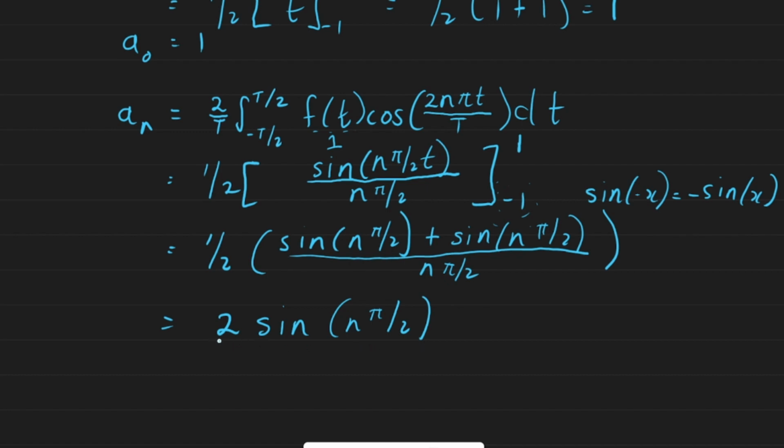Okay, let's also not forget that we have to divide by this n pi. So sine of n pi over 2, we need to look at some multiples here. We have done this in the previous video, so we can just have a look at it quickly. So we have our function carry on like that.